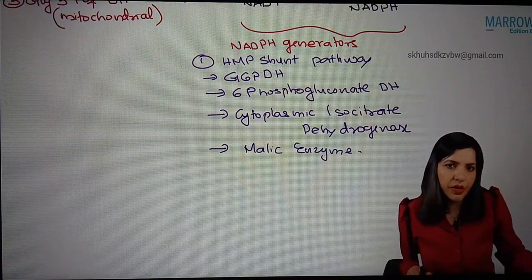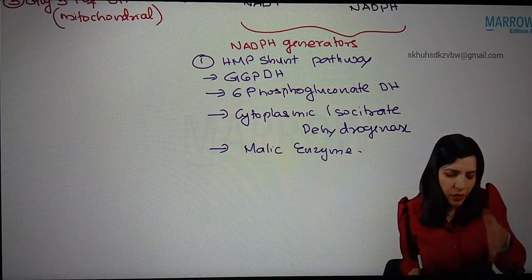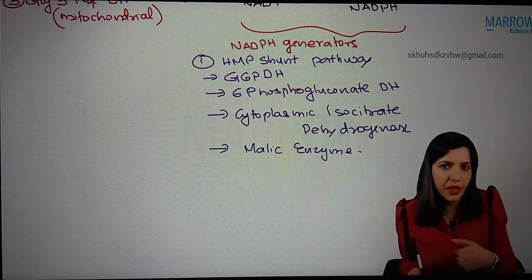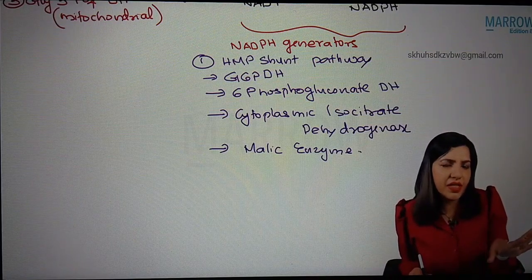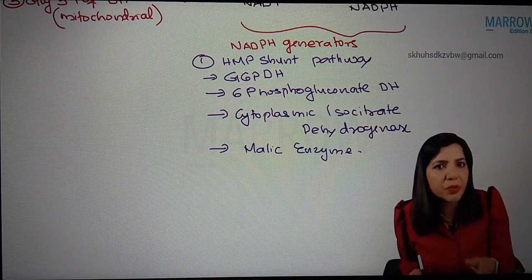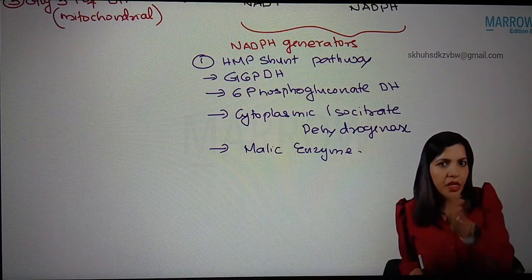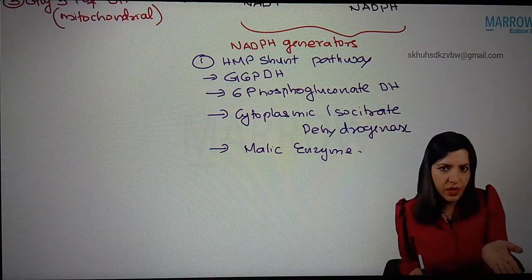It is very, very important. NADP is converted to NADPH. Only these 3 enzymes are involved, which means that whatever other dehydrogenases we write in any metabolic pathway, usually it will be NAD+ to NADH, or it can be vice versa if it's a reversible reaction.